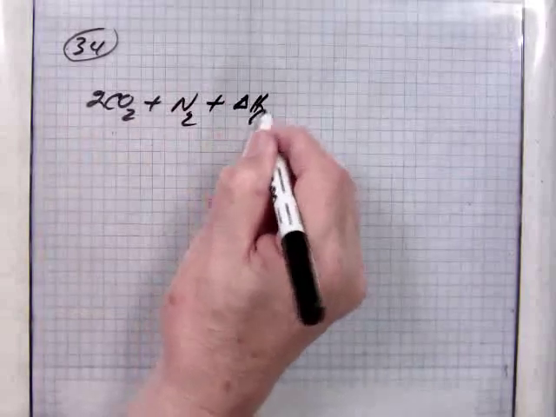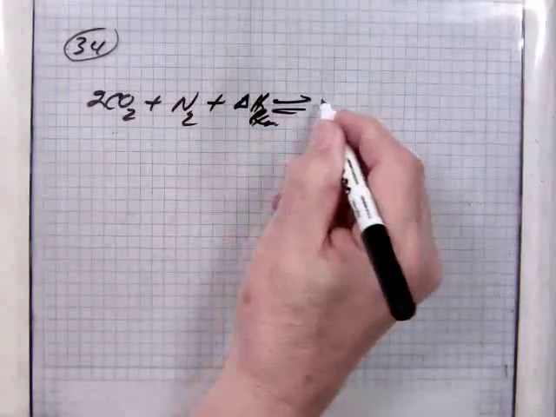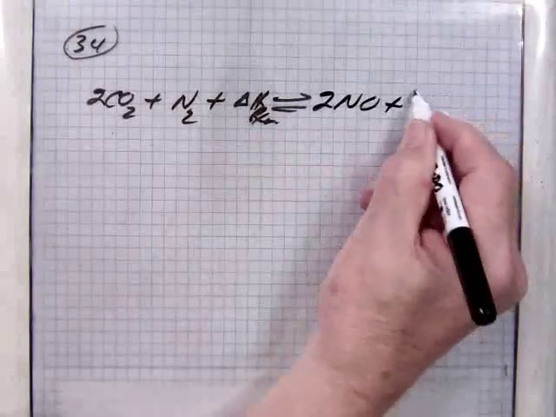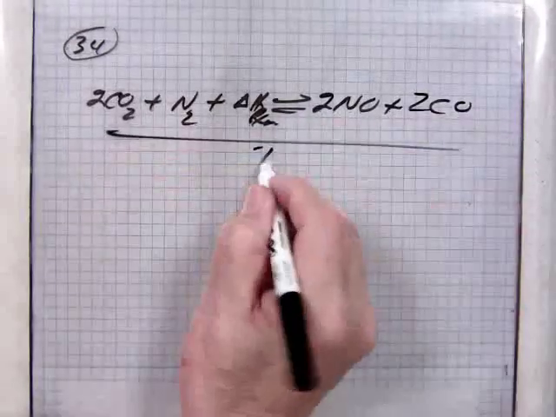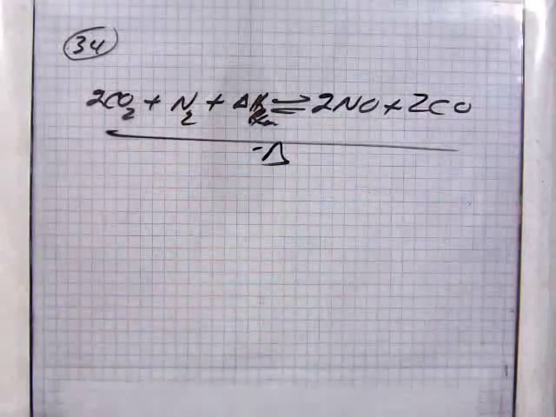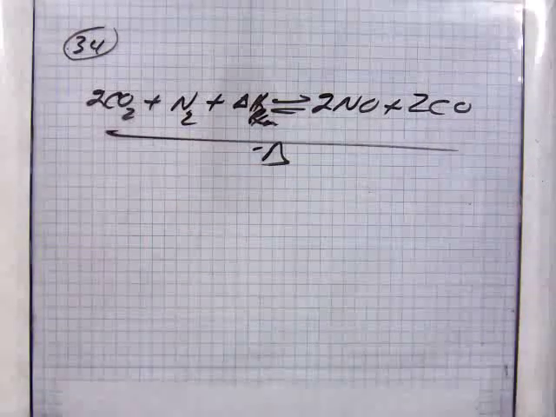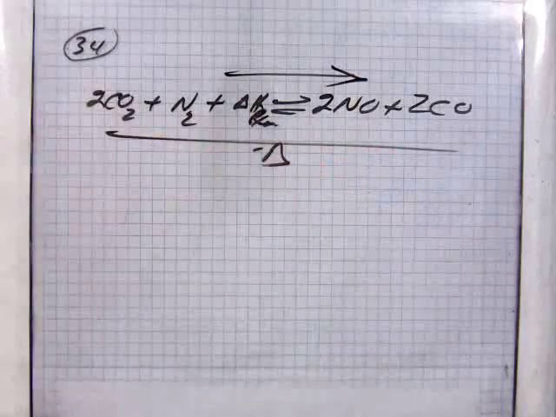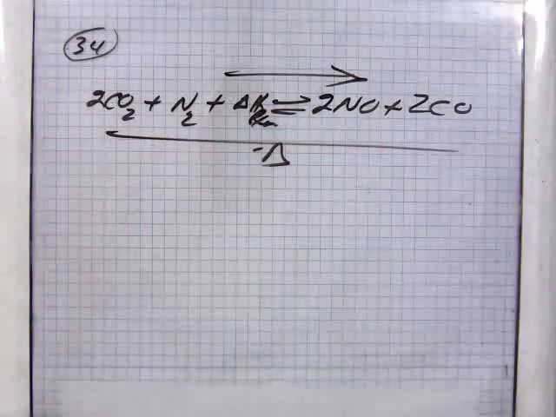There's your delta H of reaction, endothermic. What does it say? High temperature or low pressure. For an endothermic reaction given, which conditions favor maximum conversion? So we want to find the conditions that will shift that to the right.